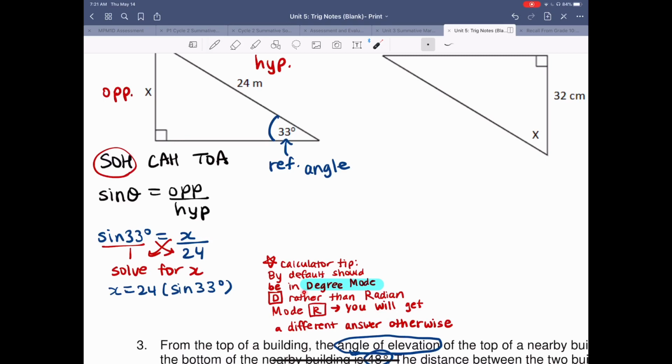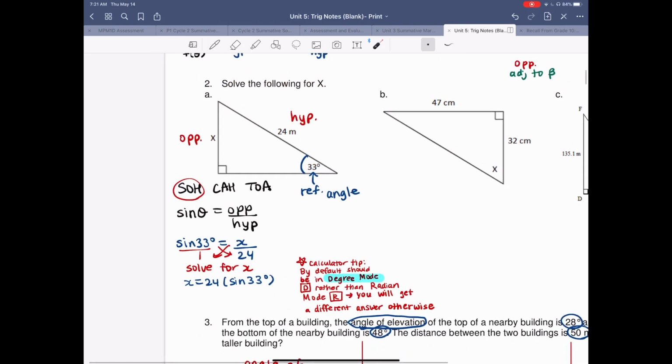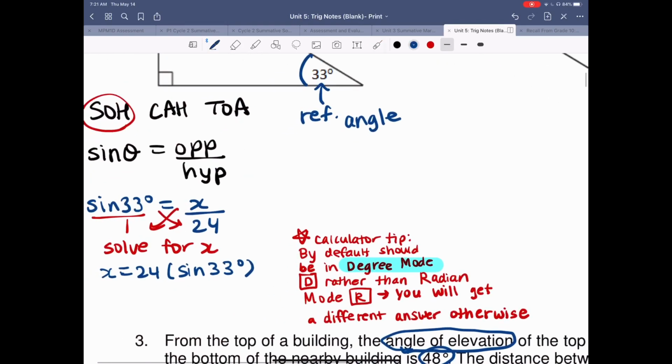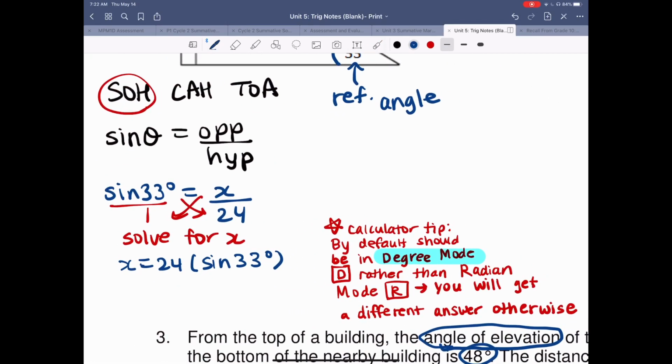For now, you need to be in degree mode for these questions, mainly because the angles are in degrees. Does that make sense? If we're dealing with degrees, we should be in degrees. Okay? We have x is equal to approximately 13.1 meters.